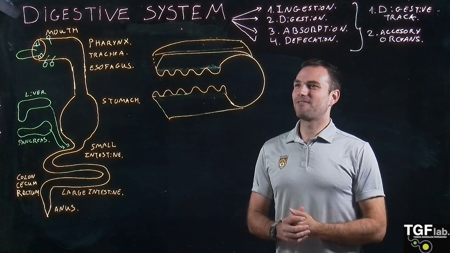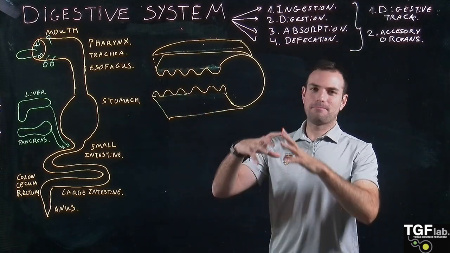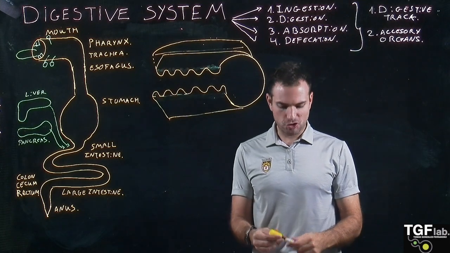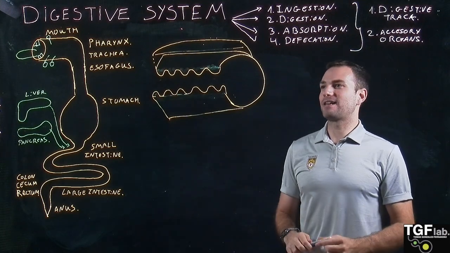Okay, so first of all, here we have a big schematic of the organization, the histological organization of the digestive tract. So here we have different regions.